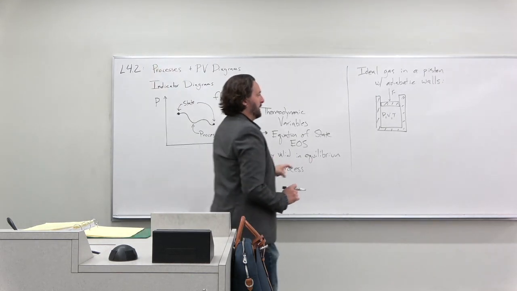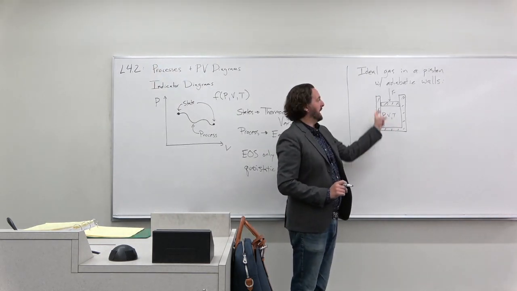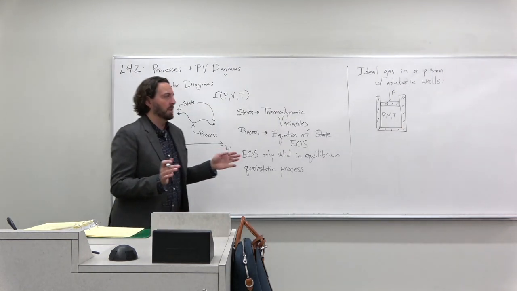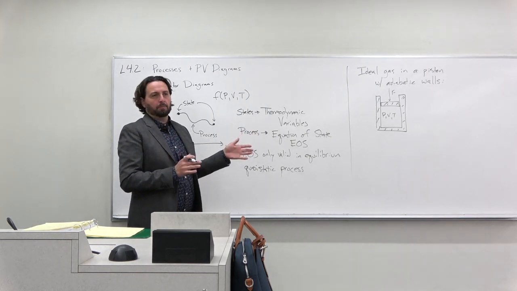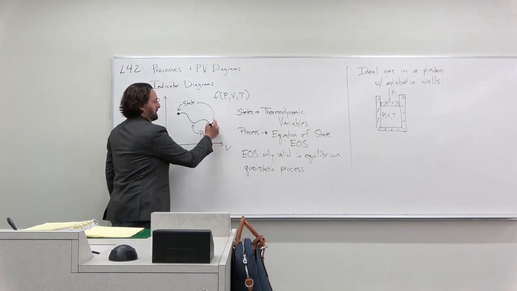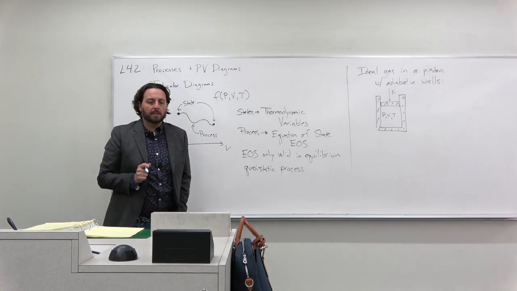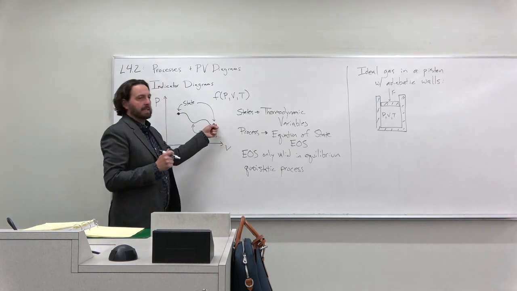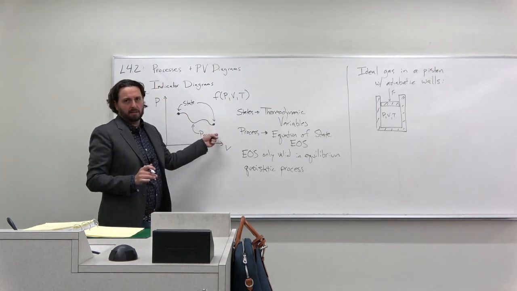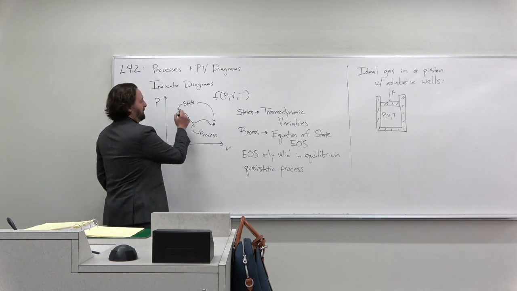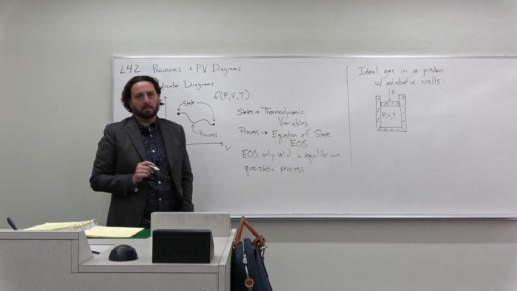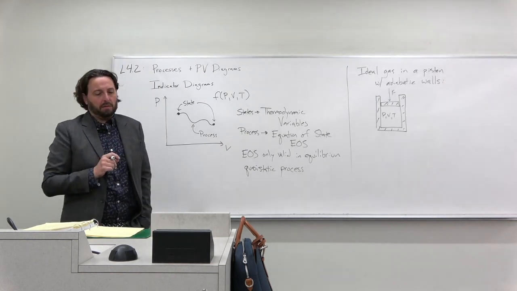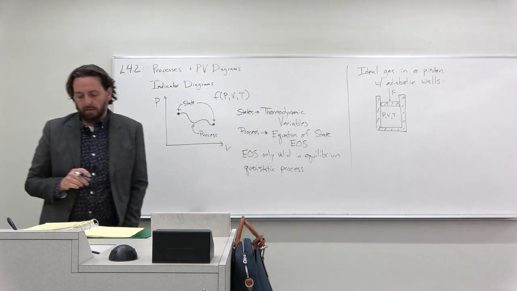Because it's an ideal gas and my walls were adiabatic, I didn't exchange any energy with the outside environment, so my final state is identical to the quasi-static case. Then I can still imagine drawing this process as if it were quasi-static. We'll take that exception to the rule occasionally.